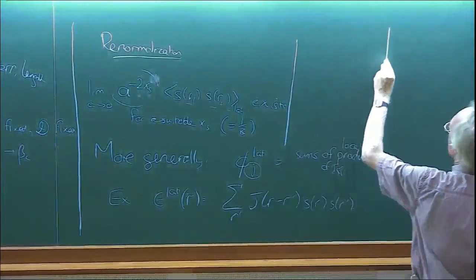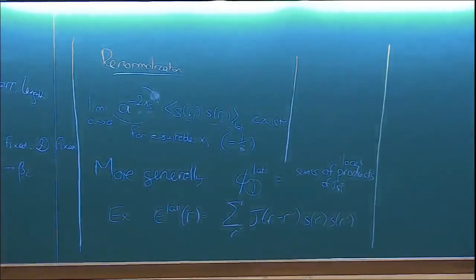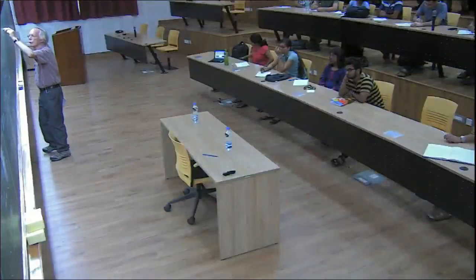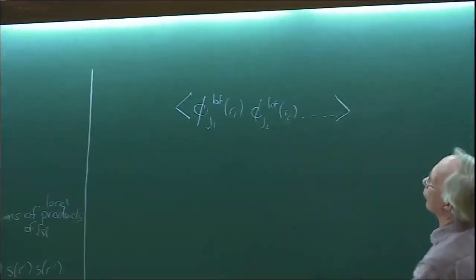So in general, what the scaling limit says is that if we take a correlation function, phi of J1 lattice of R1, phi of J2 lattice of R2, and so on, some n-point function on the lattice, and we look at how this behaves in the scaling limit, then it has to be renormalized.